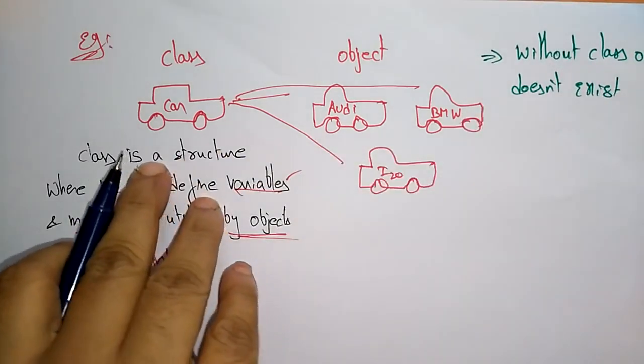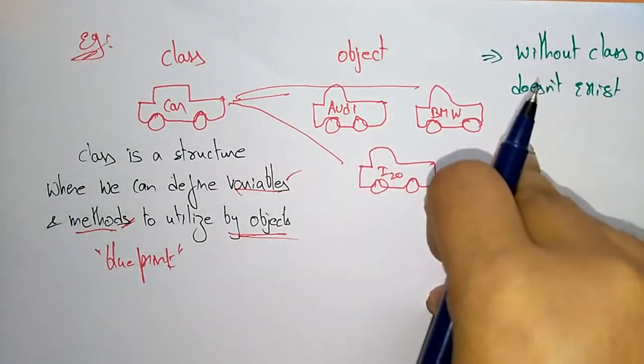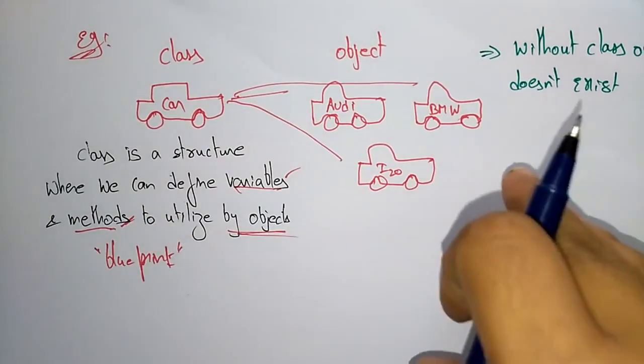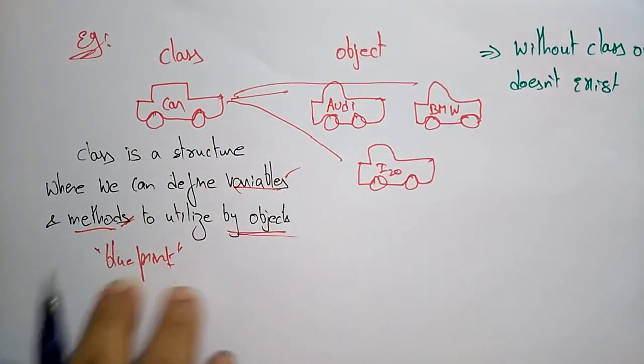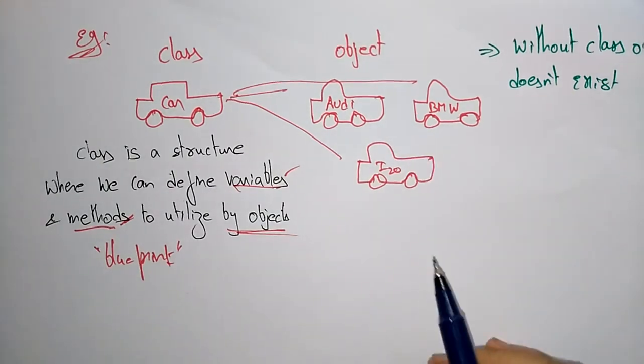That's true. Without the blueprint of the car you cannot implement the Audi car or the BMW or i20. First it needs some blueprint. Before they are creating different cars, the car has to be developed. From that only they acquired the properties of that car and they added some more features and they released the different versions of the car.